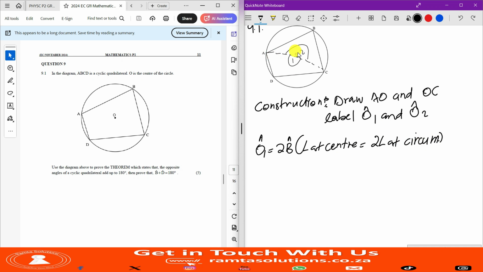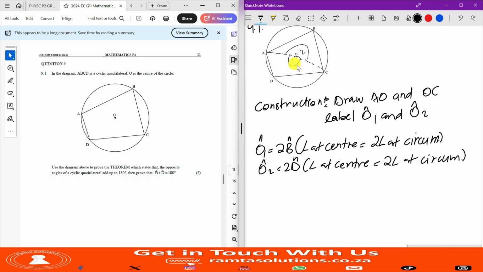As you can see, angle AOC subtends angle B. Good. Now angle O2 is equal to 2 times angle D. Again, the angle at the center is twice the angle at the circumference. Again, as you can see, angle O2 subtends angle D.